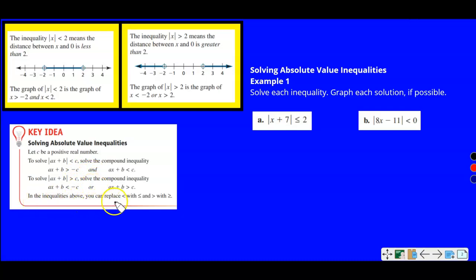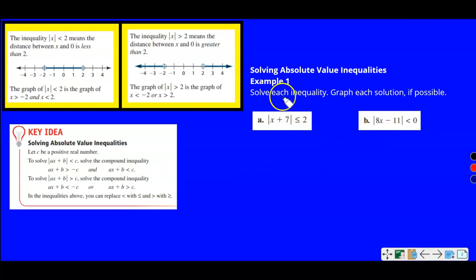So in the inequality above, you can replace less than with less than or equal to and greater than with greater than or equal to. So this statement is just basically saying all of these inequality signs are going to work for this property. It's all going to work exactly the same way. All right, so let's look at a couple examples.